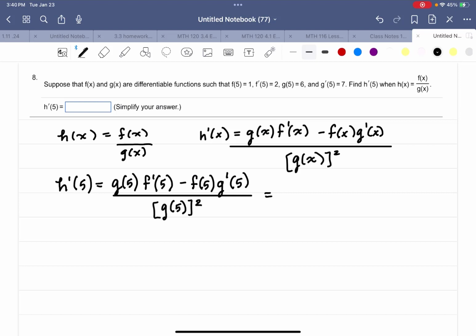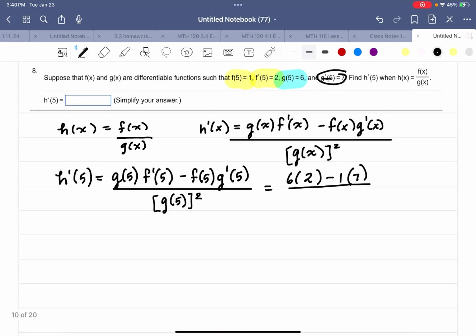So we have g of 5 is 6, so that's 6 times f prime of 5 is 2, so that's times 2, minus f of 5 is 1, times g prime of 5, which is 7, and that's going to be divided by the original denominator, that's g of 5 squared.